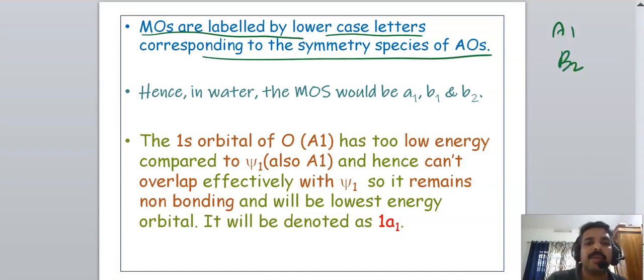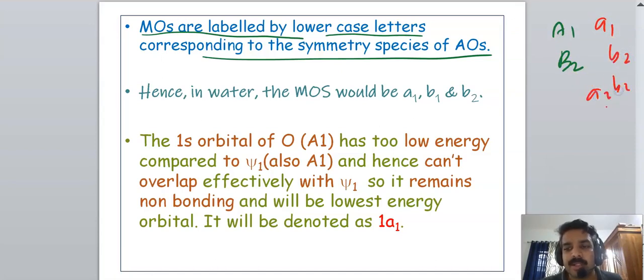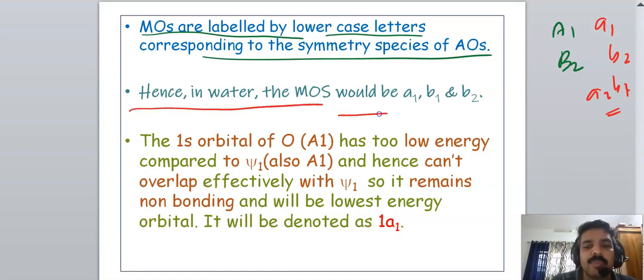Therefore, the labeling of molecular orbitals will be a1, b2, a2, b1, etc. Hence in the water molecule the MOs would be labeled as a1, b1, b2, etc. Like that we are labeling molecular orbitals. That you have to remember.